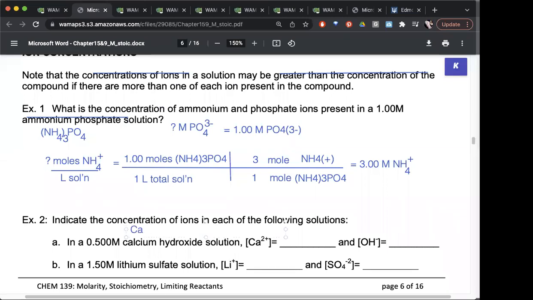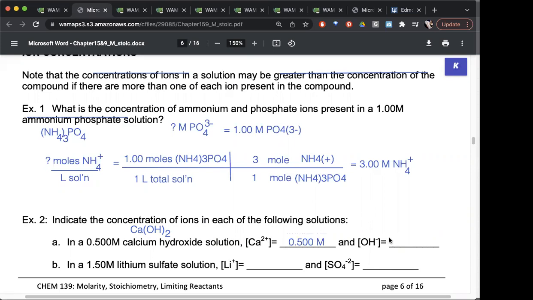Okay, calcium hydroxide. Hydroxide has a 1 minus, so there's going to be 2 hydroxides. And then same thing with lithium sulfate. You'll need to write that formula. Okay, so if we have 0.500 molar calcium hydroxide, that's 1 to 1 with calcium, so this is going to be 0.500 molar.